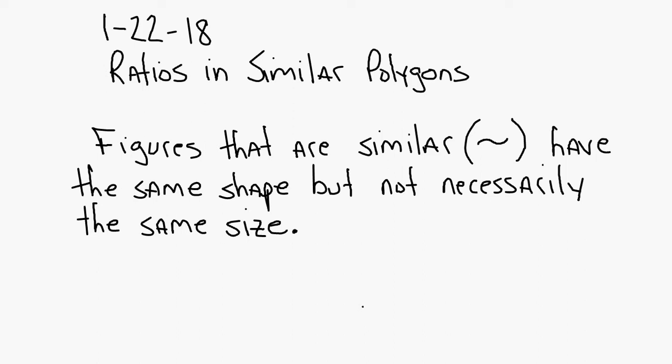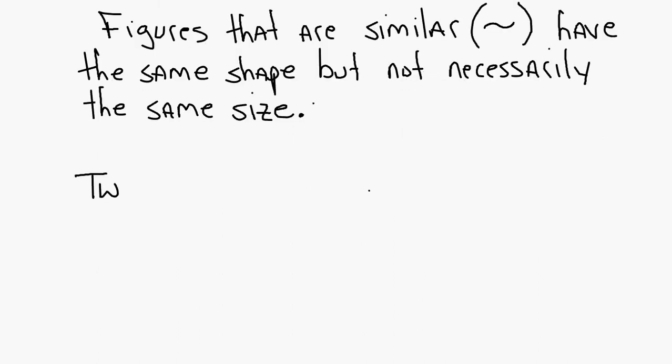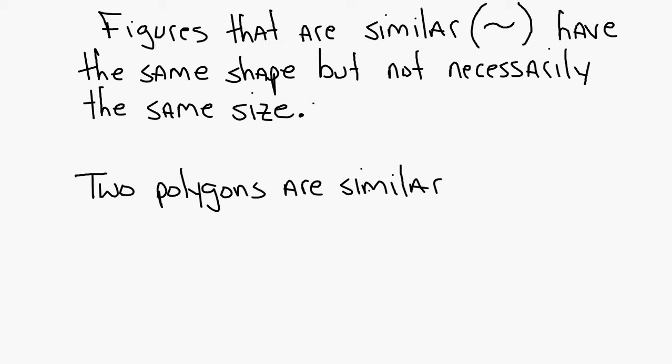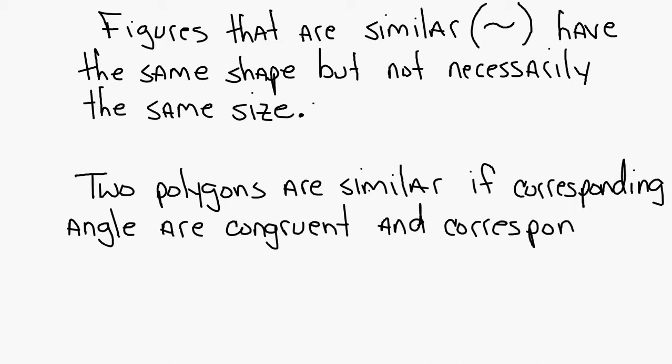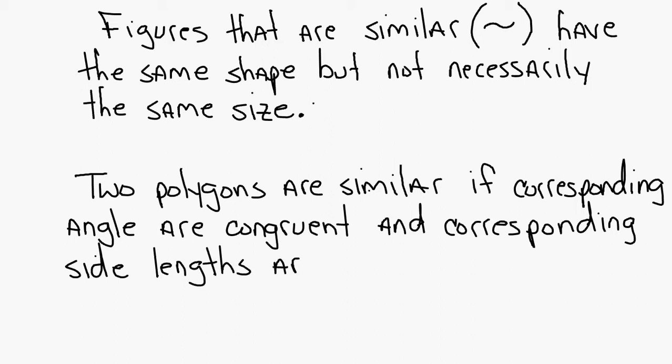Two polygons are similar if corresponding angles are congruent and corresponding sides, we'll say corresponding side lengths, are proportional.